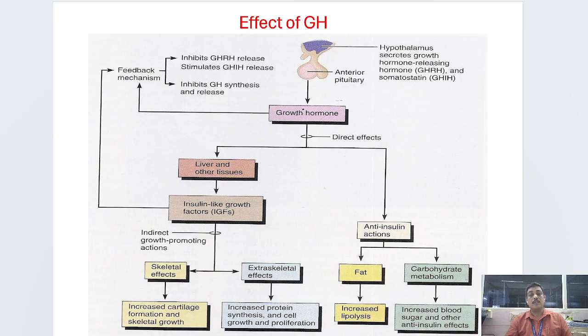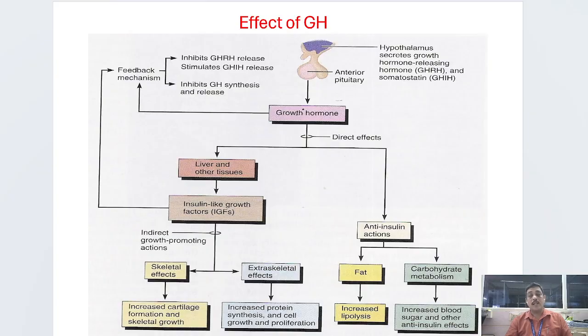Upon secretion, these hormones have two effects. One is the direct effect. Direct effects are seen with respect to carbohydrate metabolism, that is, it promotes anti-insulin effects. That means it acts on carbohydrate metabolism, increases the blood sugar level, and prevents the formation of polysaccharides, so glycogen will not be formed.